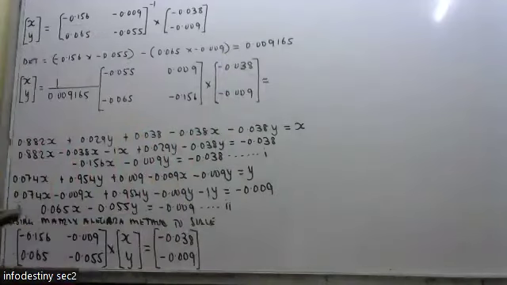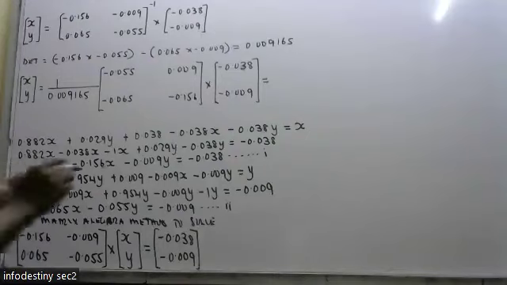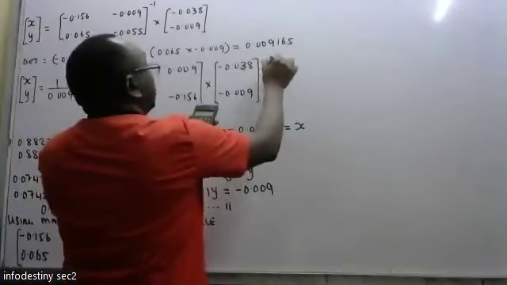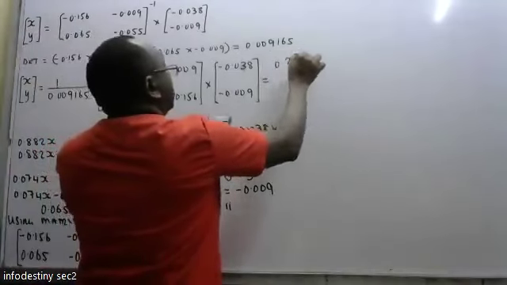So you just multiply: minus 0.055 times negative 0.038 plus 0.009 multiplied by minus 0.009 equals, then you divide by 0.009165 and you get 0.2192.